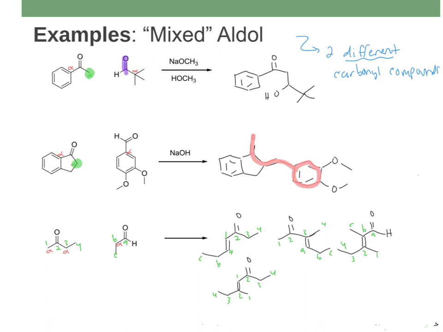I could just keep on going and going. There's lots more. I didn't even show all the stereoisomers. I didn't even talk about the E and Z possibilities here, but there's so many ways. I could have the aldehyde attack itself. I could have the ketone at 3 attack itself. There's just so many different possibilities. This is a terrible mixed aldol.